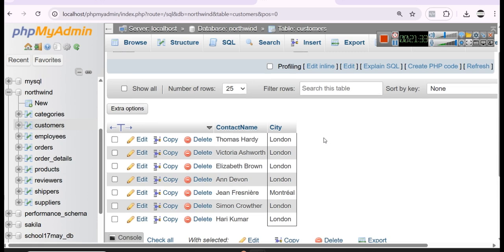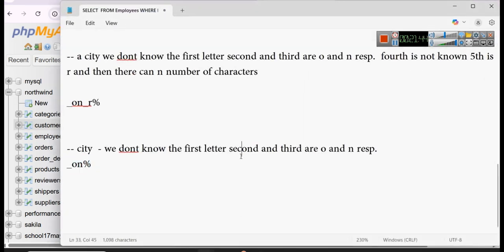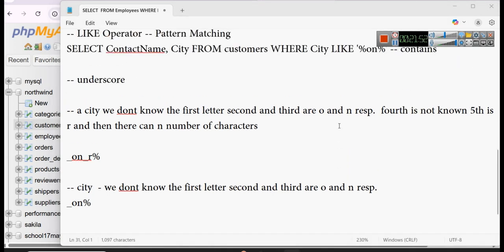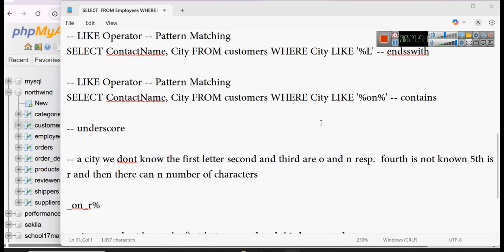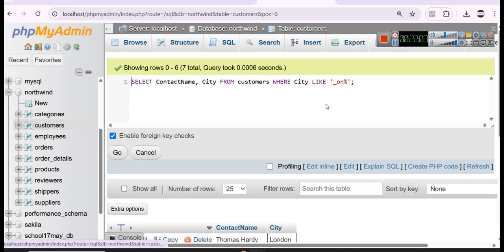Now comes London and Montreal. So in London, first letter is L, then ON, and after ON there is DON. So do you get the meaning of this? Yes, sir, it is clear. And like we are writing ON, so if we have written that city contains ON, what will this mean?